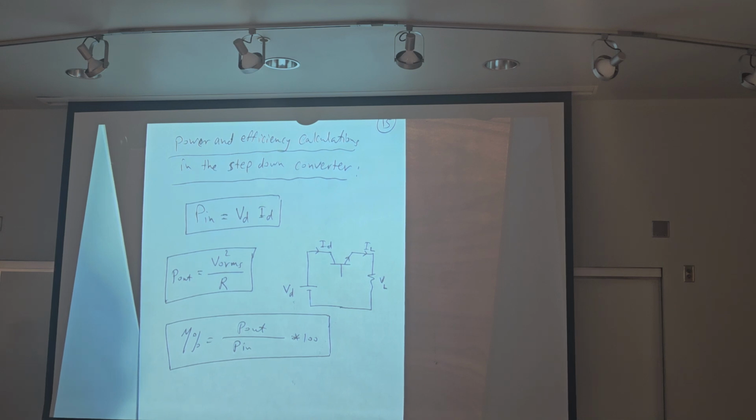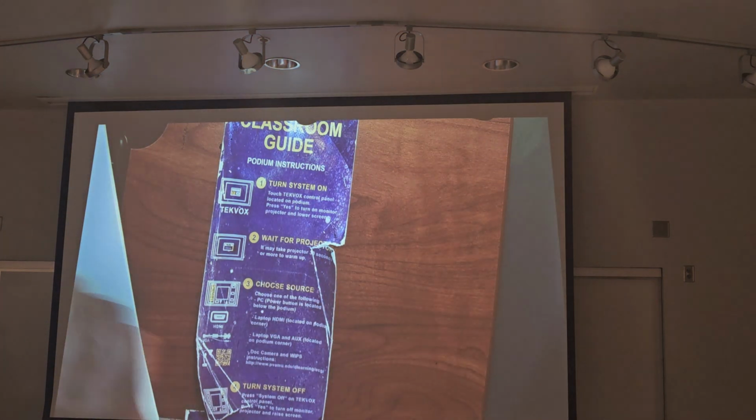No, for the rectifier it should be DC. But in this chapter, we use V out RMS as the output. Output power considers the voltage RMS, not DC. If it is a rectifier, you have to use DC. Different concept.